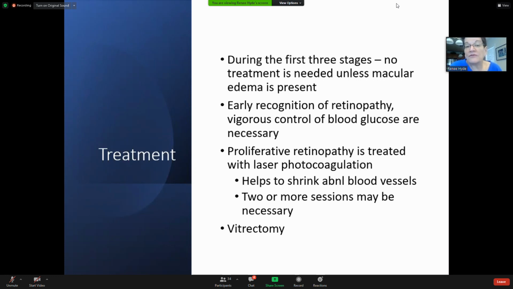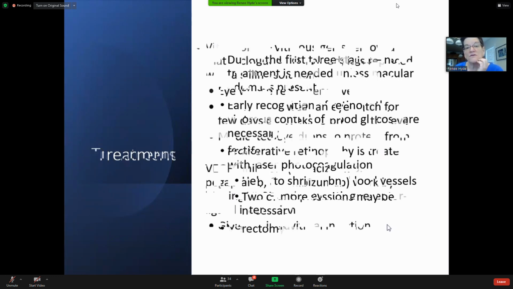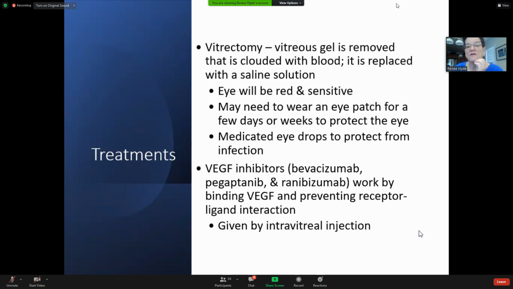Typically in that proliferative stage, they treat it with laser photocoagulation, very similar to what they did with the AMD. It helps to shrink those abnormal vessels. You can see that multiple sessions may be necessary. Now, they may also do what we call vitrectomy. And vitrectomy basically is used to remove the vitreous gel that may be clotted with blood from that hemorrhage.